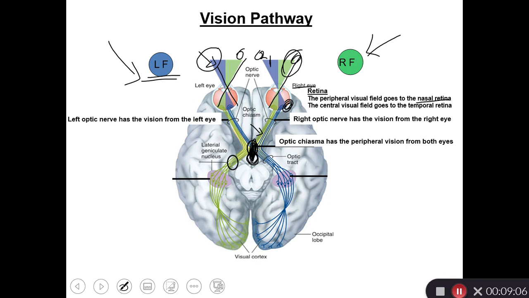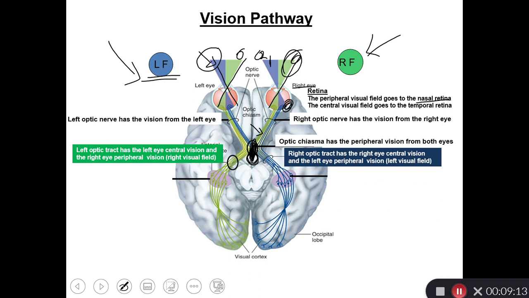Okay, so from the optic nerve to the optic chiasma, now the vision goes to the optic tract. The right optic tract has the left vision field, meaning it has the central vision from the right eye and the peripheral vision from the left eye.